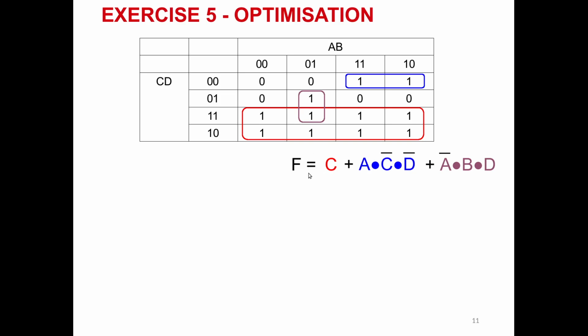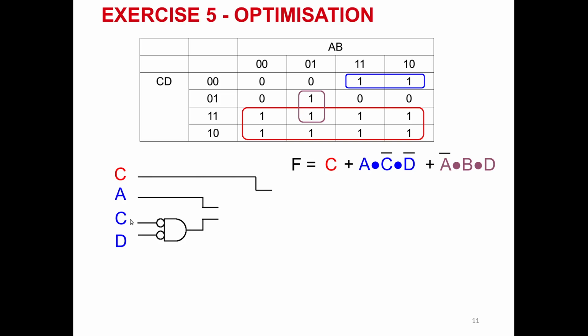Similar to exercise 4, we have 3 parts all together here, and we will need the output of the AND logic here and here, in blue and purple, before we OR them together. So here we have the input value for C, we have input value for A, and then we have input value for C and D. We make inversion for C and D, and we AND them together.